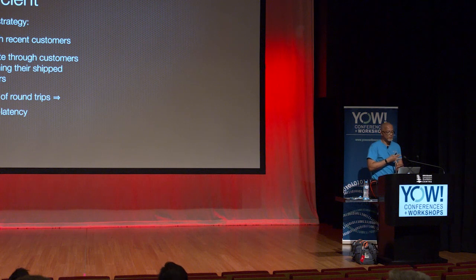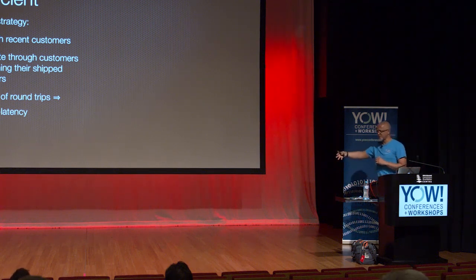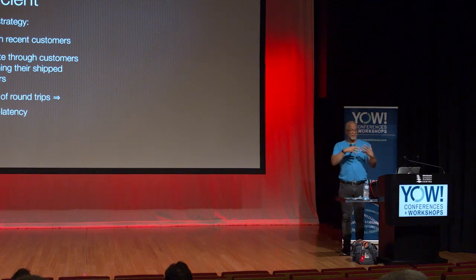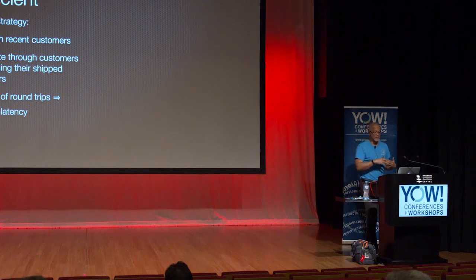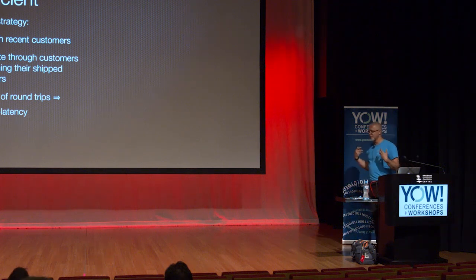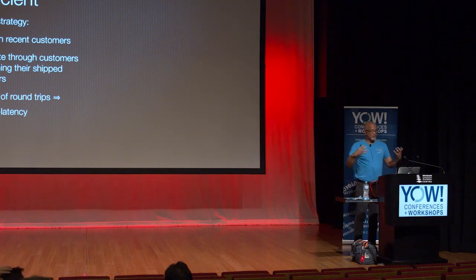Basically, it's an n+1 query. The other option is you ask the customer service for all of the recently created customers, you ask the order service for all of the recently created orders, and do an in-memory join of those two data sets. That's good in the sense that it's just 2 round trips. It's just that each of those queries could give you back a large amount of data that you then have to join together in memory.